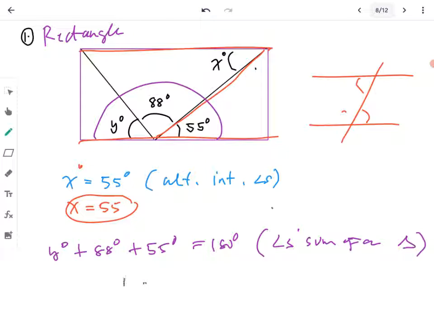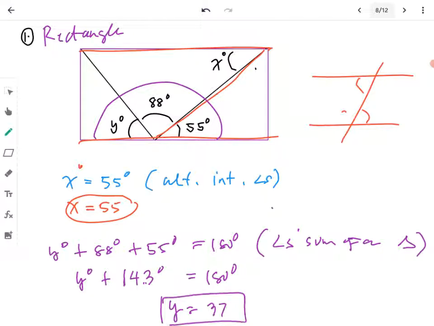Sorry, that's 143 degrees. So y plus 143 equals 180. Subtracting 143 from 180, we have 37. So y is simply 37.